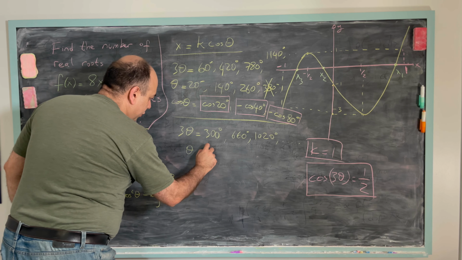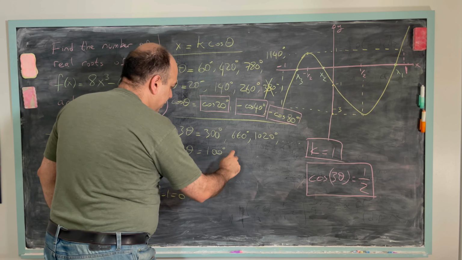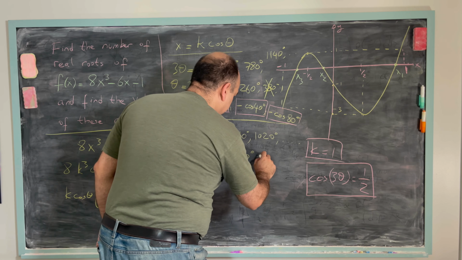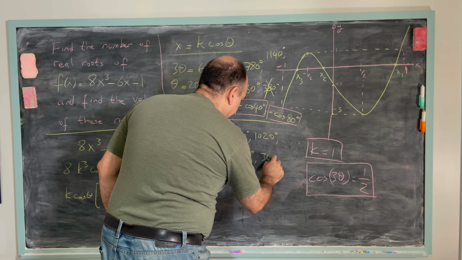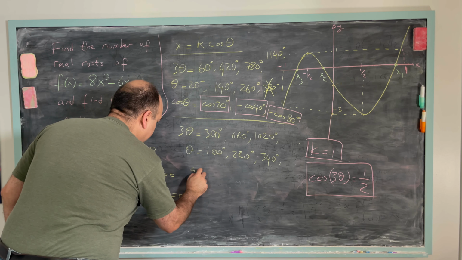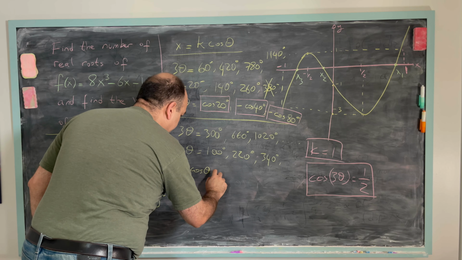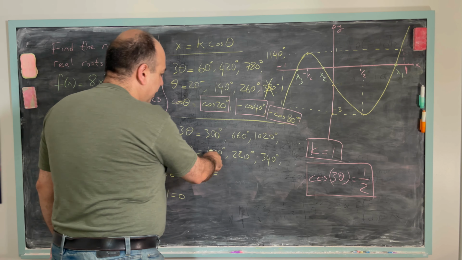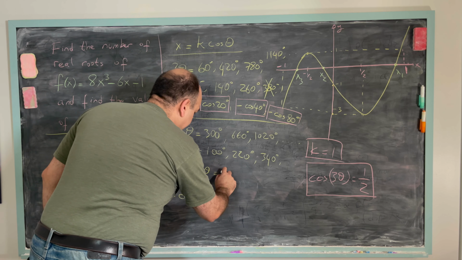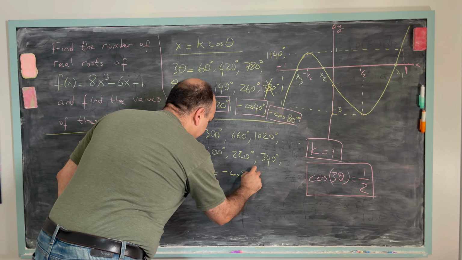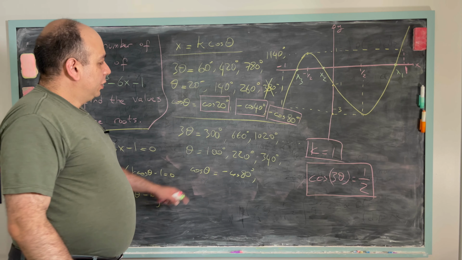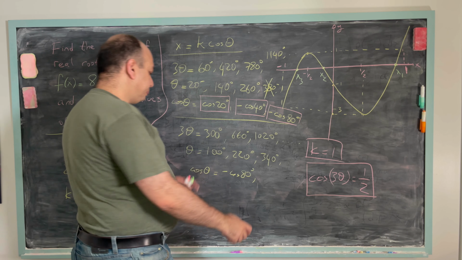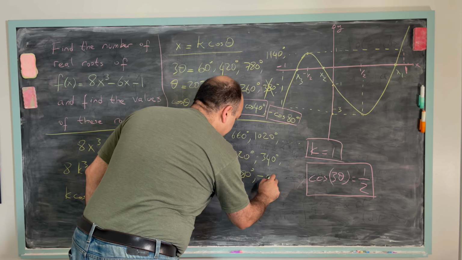So theta would be equal to 100, here it's going to be 220, and here it's going to be equal to 340. If I look at the cosine theta, I'll have cosine 100. 100 is in the second quadrant, 100 plus 80 is 180, so I have minus cosine 80. 220 is in the third quadrant, 180 plus 40 is 220, so cosine is negative there, so minus cosine 40.